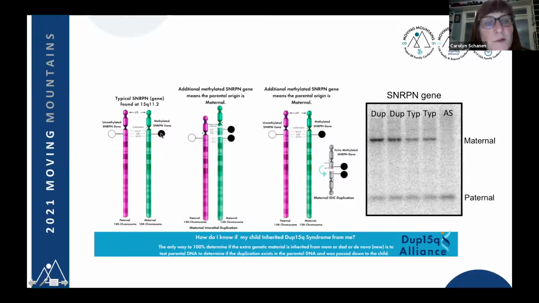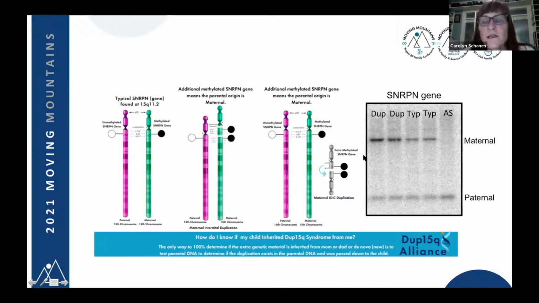And on the maternal chromosome, it's methylated and it's silent. And on the paternal chromosome, if you have an interstitial duplication, you end up with an additional methylated copy. And if you have an IDIC, you end up with 2 additional methylated copies.